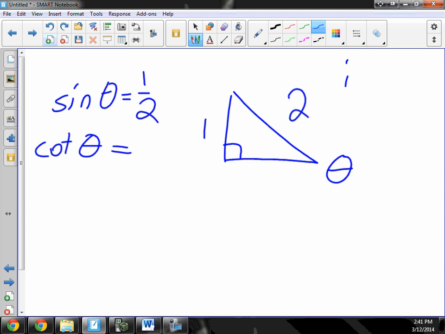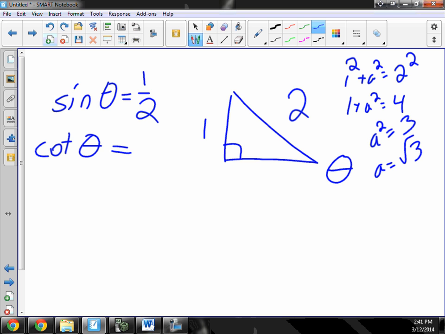Well, 1 squared plus a squared equals 2 squared. So 1 plus a squared equals 4. Subtract: a squared equals 3. Everybody follow me so far? Square root. A equals the square root of 3. Maybe you already knew that. And cotangent is defined by adjacent over opposite. So it's just root 3 over 1. And I'm done.